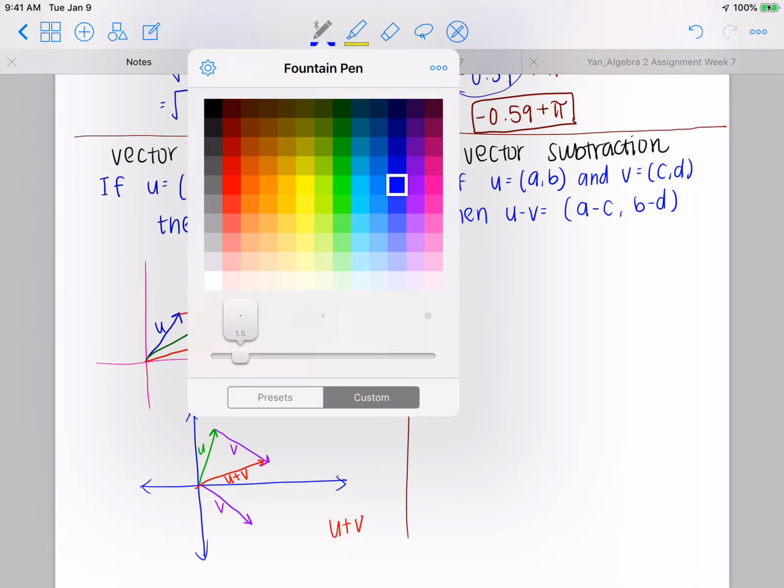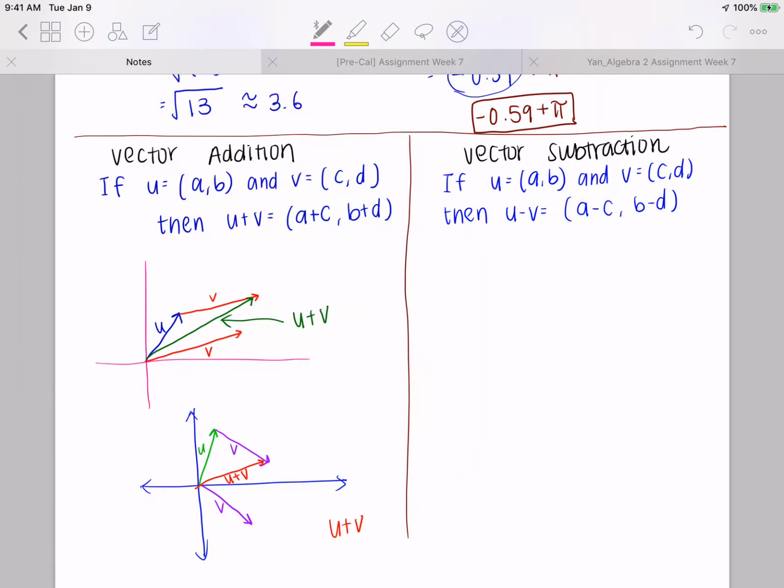Okay, so let's also draw that. This one is actually easier than the vector addition, drawing wise.